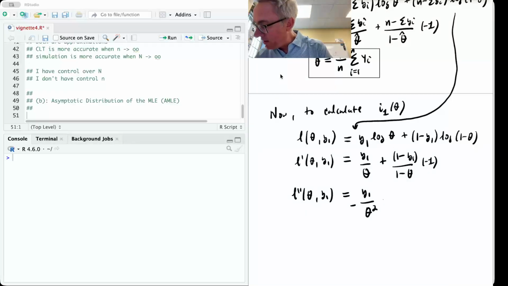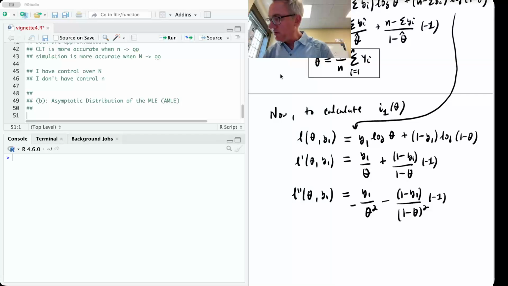And then I get, I guess I can put a minus because it's a -1, 1 minus y1 over 1 minus theta squared. And it becomes a plus, but then I get another minus 1, so it becomes a minus again.